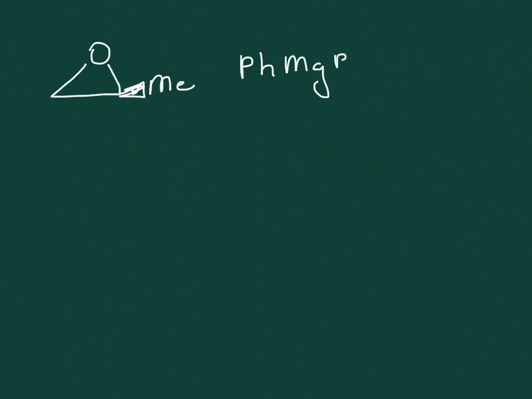So let's look at the reaction. All right, we have our Grignard reagent. We are going to have attack on the less substituted carbon and open up the ring.